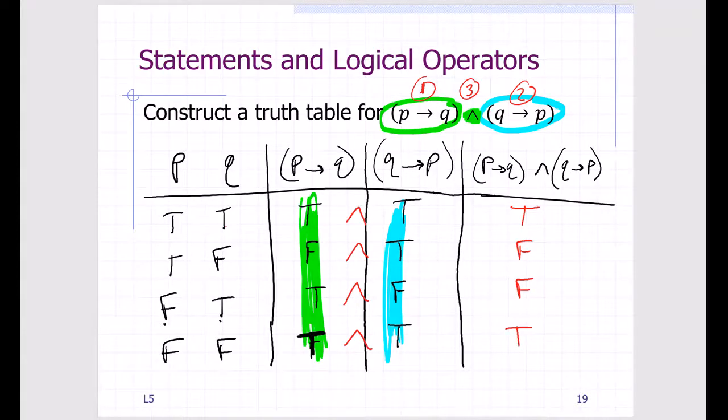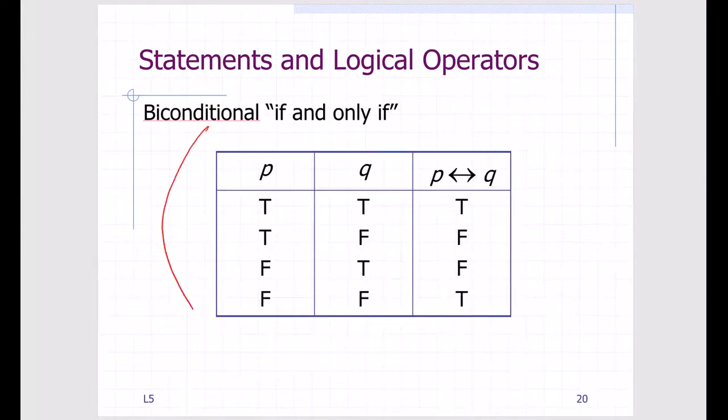So when you're constructing a truth table, you do one column at a time, one for each operation, and this last column is your final answer. This is what you would type into Connect Math. So our definition of the biconditional is given by this truth table that we just came up with.